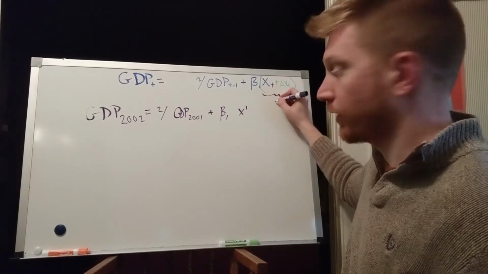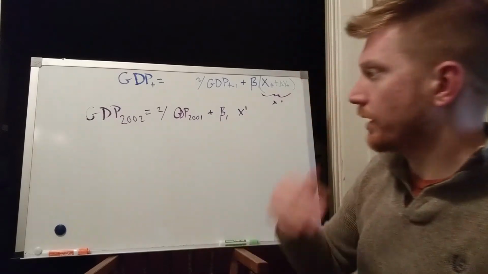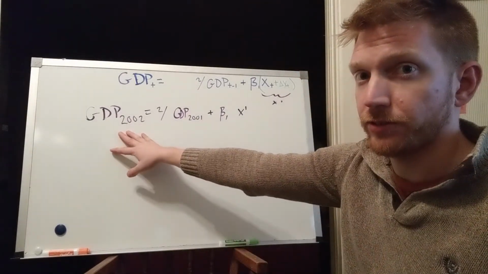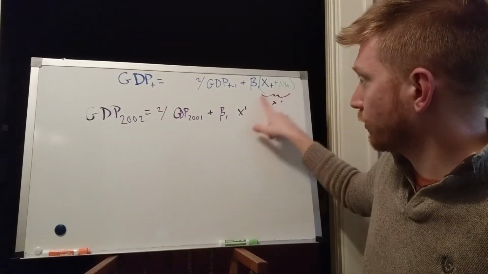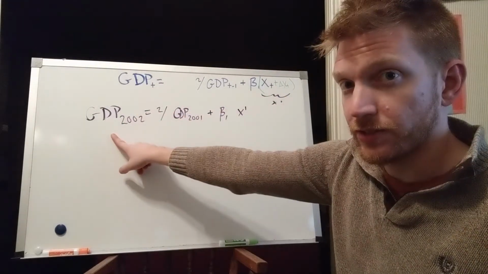So we're going to call this x prime. And our question is, how is this differing from the original? Well, we can see that it's going to differ by beta 1 times x. That's going to stick around.